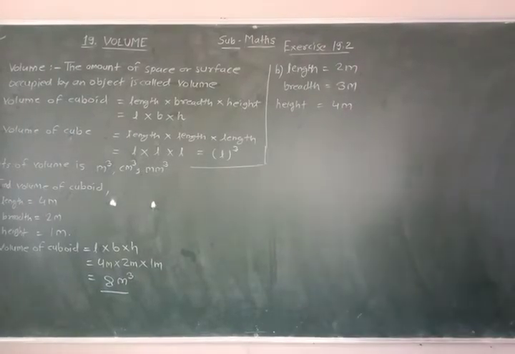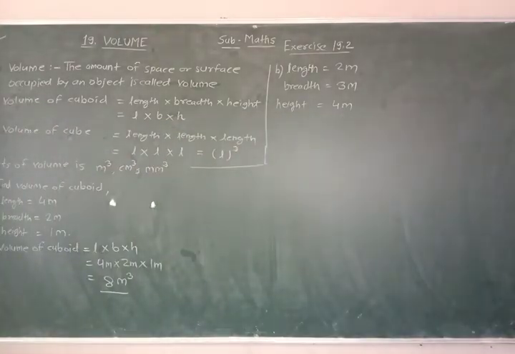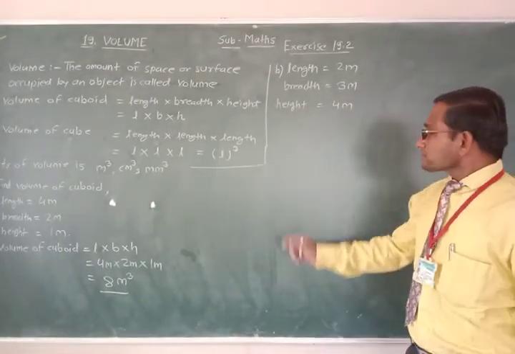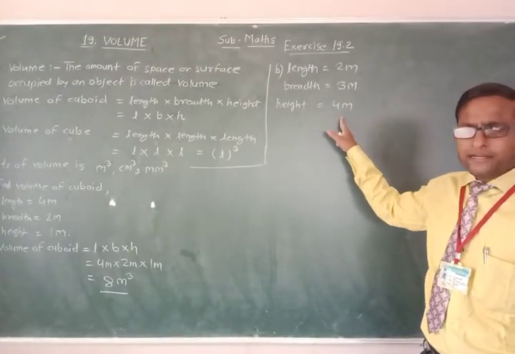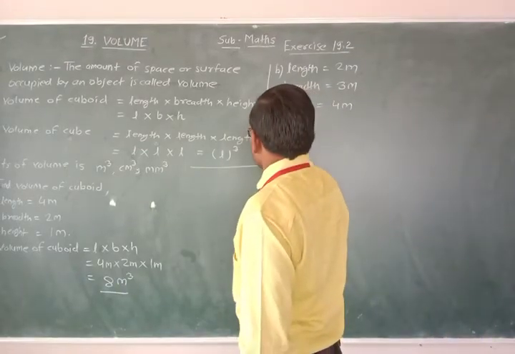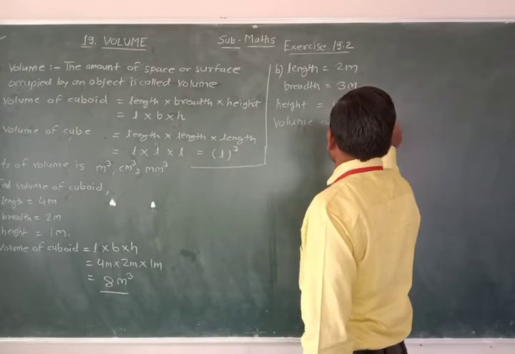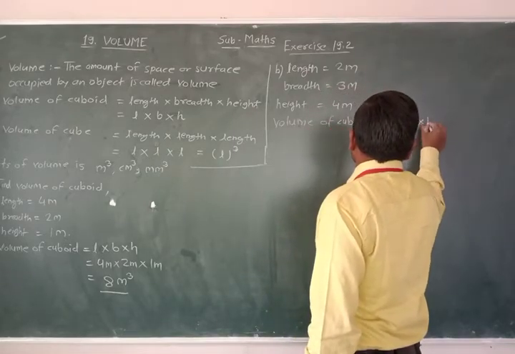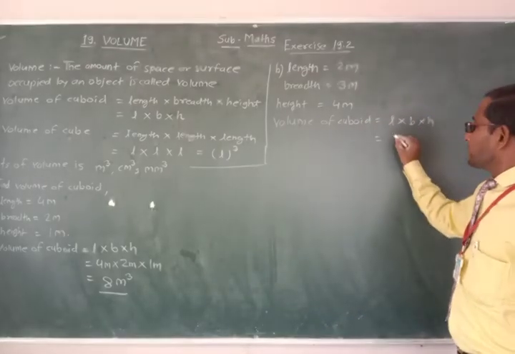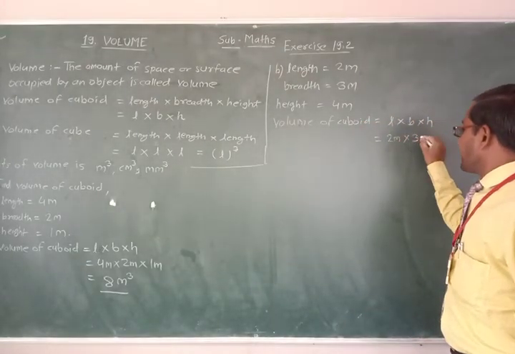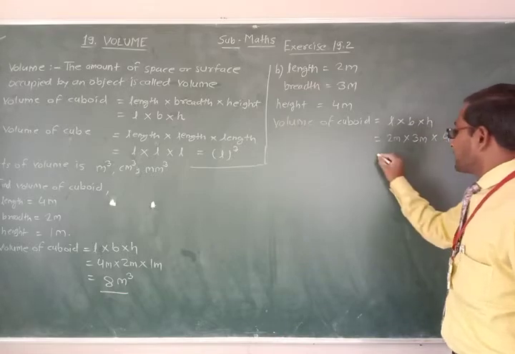Then you write the formula: volume of a cuboid is equal to length multiplied by breadth multiplied by height, which is 2 meter multiplied by 3 meter multiplied by 4 meter.